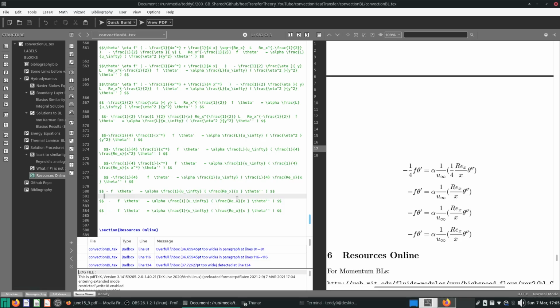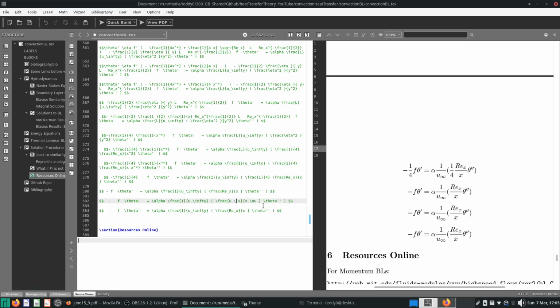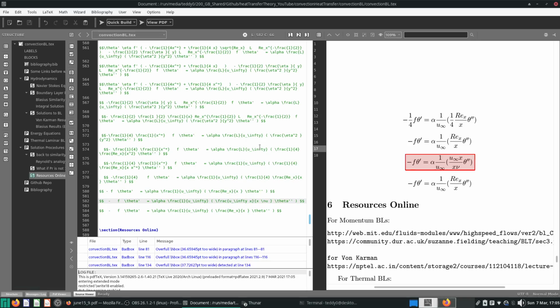So what's Re_x? Let's just expand it out. It's actually u x over nu, and that u is actually u infinity. Plenty of things disappear, and we'll notice that we are going to be left with just u infinity and x.